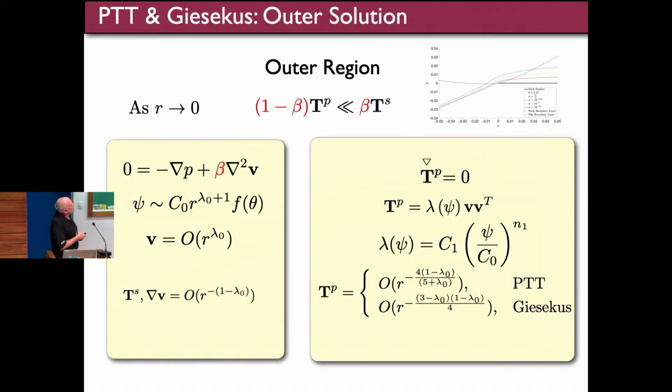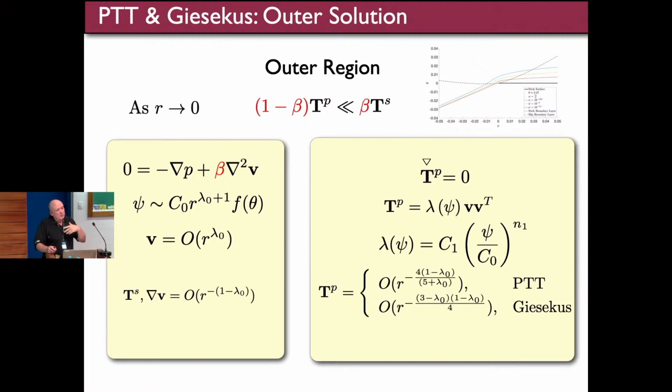Okay, so let's have a look at the structure of the outer solution. As you approach the singularity, for these two models, the viscoelastic stress is subdominant to the solvent stress. So in other words, the solvent stress dominates. A priori, you don't know that. There are only three cases: either one dominates the other, or they're comparable.